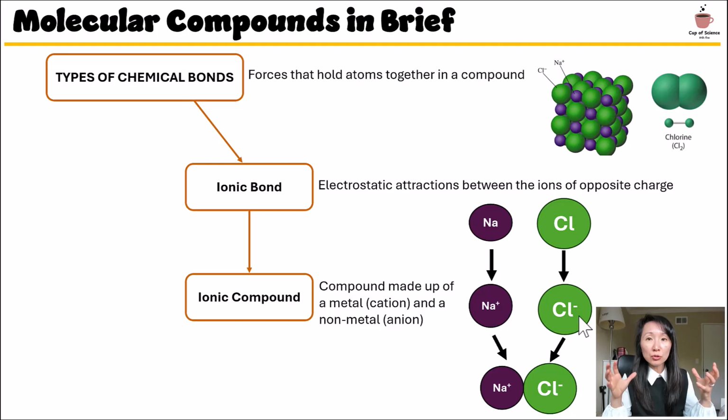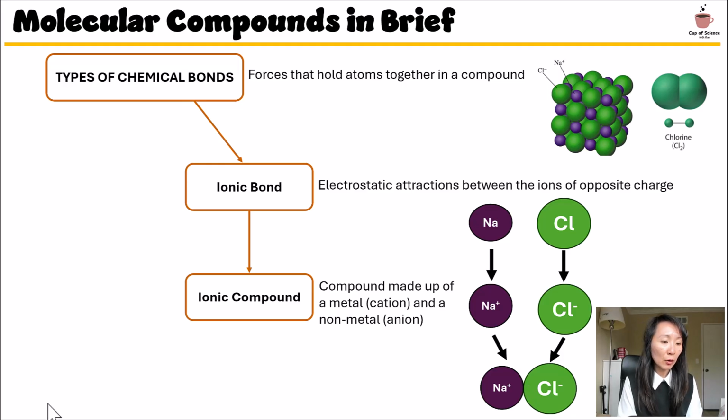These two oppositely charged ions come closer together because they're attracted via the ionic bond. They form what is called the ionic compound. So this whole complex is an ionic compound.